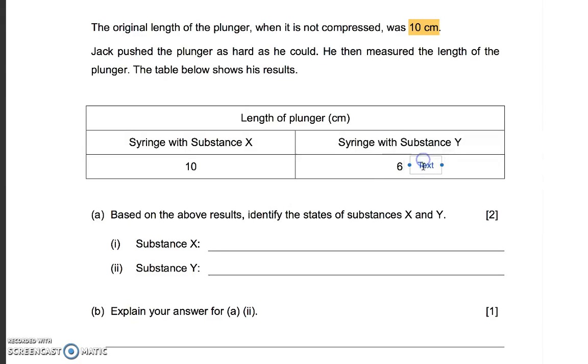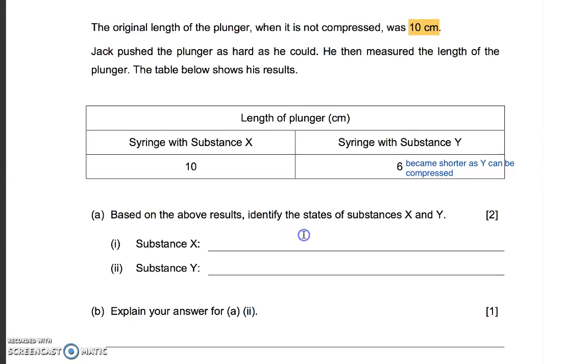And actually the reason why it became shorter is because it can be compressed. So substance Y becomes shorter because it became 6 cm, and therefore we can conclude that Y can be compressed.